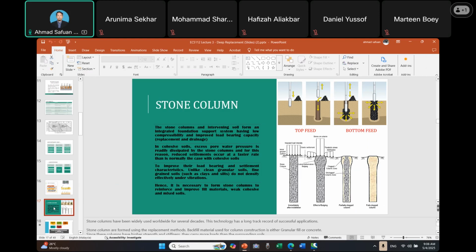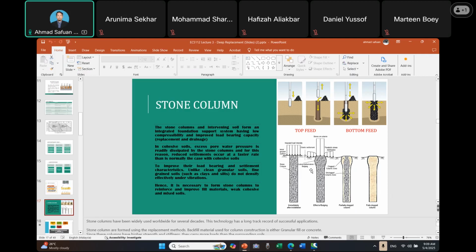Hence, it is necessary to form stone columns to reinforce and improve this material with cohesive and mixed soil. So this is what happens during the installation.